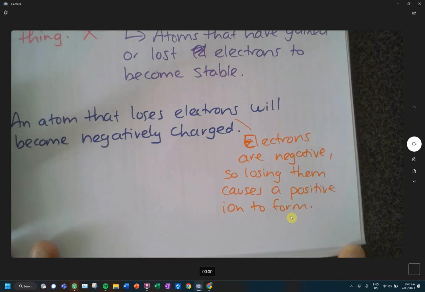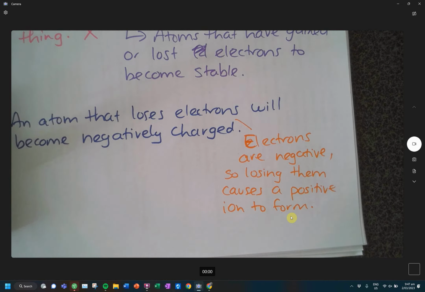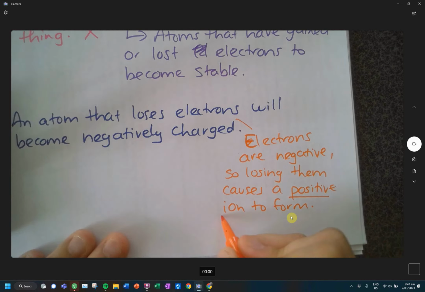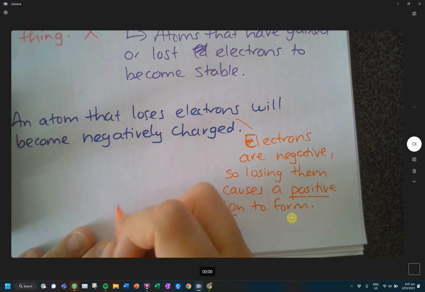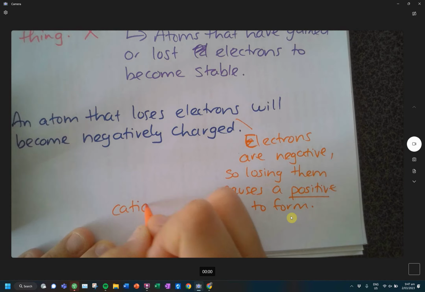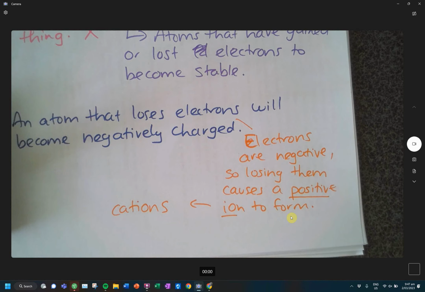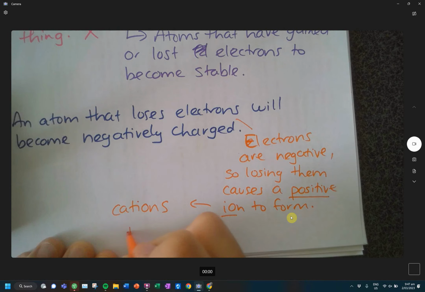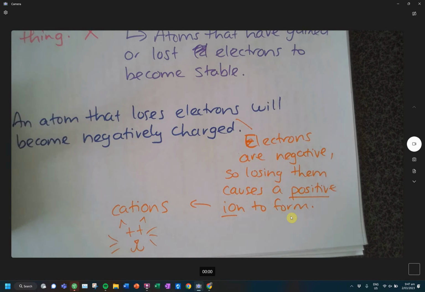Now, just so we get some extra vocabulary, positive ions are known as cations. The way I remember them is I think about a kitty cat, and the kitty cat makes me happy. It's very positive. Get it? Positive. It's dumb, but it works.